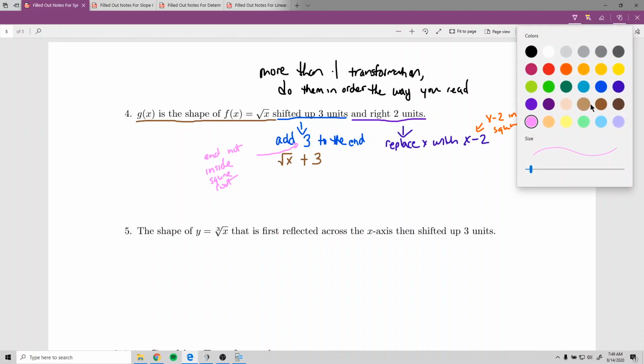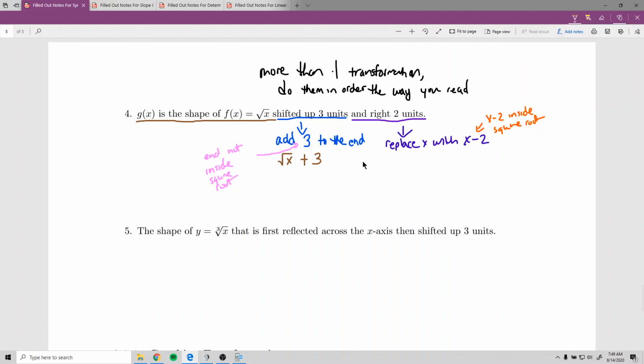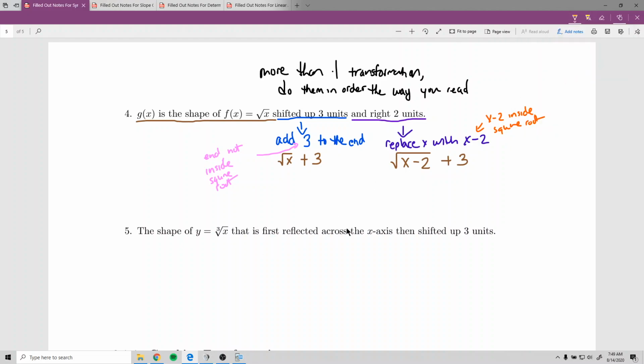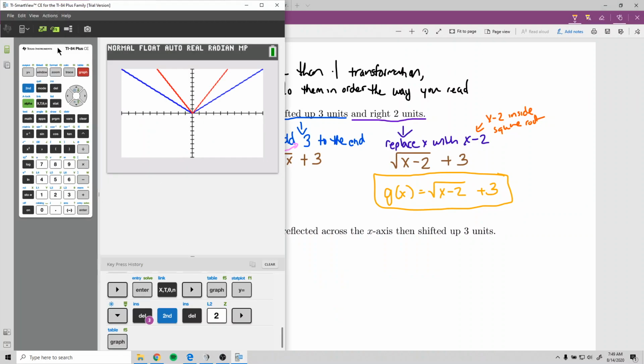Okay, so what we do is we take the answer after we did our first shift, square root of x plus 3, and in this one we replace x with x minus 2. So we get the square root of x minus 2 plus 3. Now this one, the other ones all say y. This one for some reason says g of x. So your answer is going to be g of x equals the square root of x minus 2 plus 3. Now we can go ahead and graph the square root of x compared to this and see that it works.